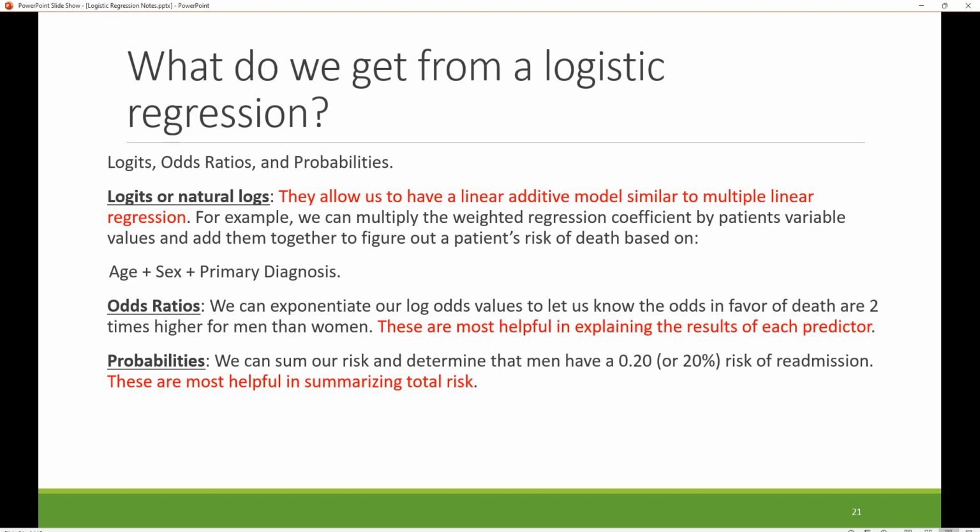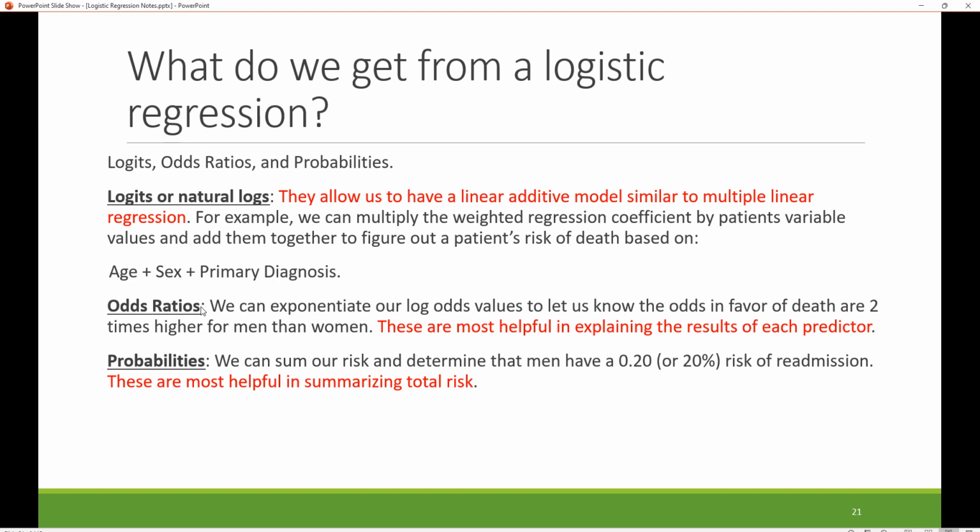In terms of our output, we get logits, odds ratios, and probabilities. Logits are natural logs. They allow us to have a linear additive model similar to multiple linear regression. For example, we can multiply the weighted regression coefficient by patient variable values and add them together to figure out a patient's risk of death based on age, sex, and primary diagnosis, for example.